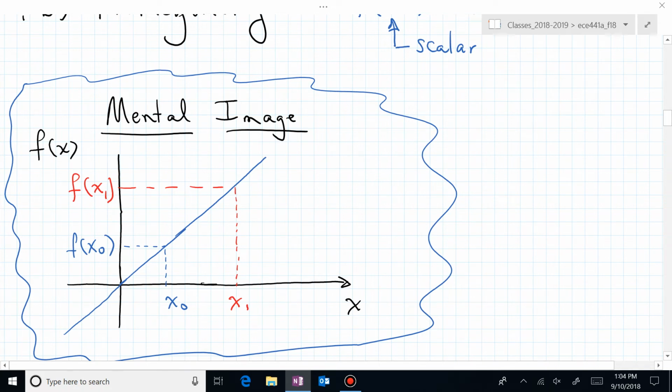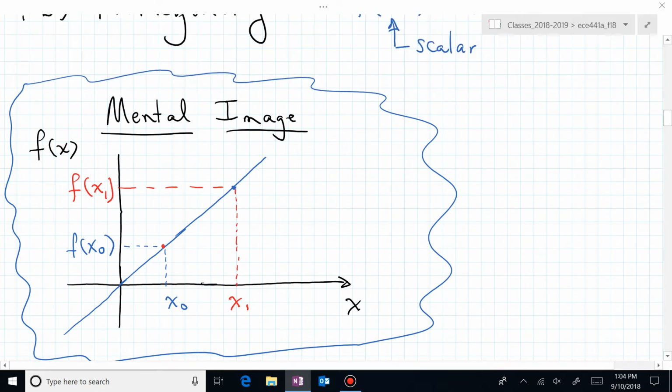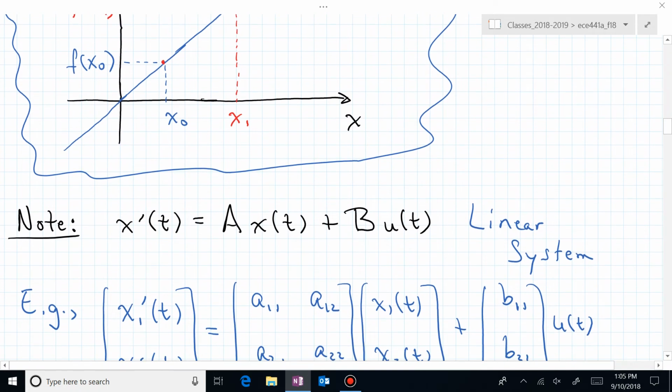Now we have f of x naught at a particular point on our line, and if we now operated on x sub 1, that would give us f of x sub 1, and those two functional forms of f of x are linearly related based on the relationship between their arguments x sub 0 and x sub 1.